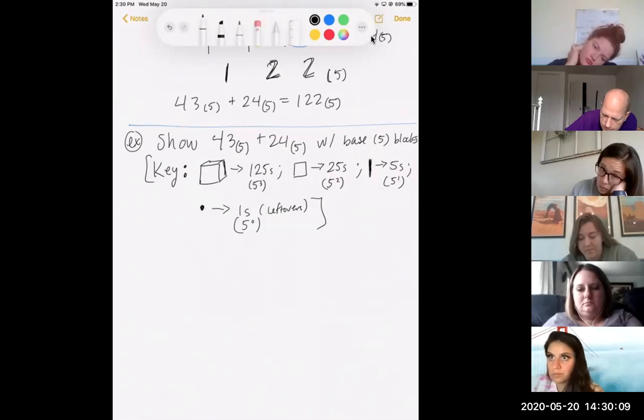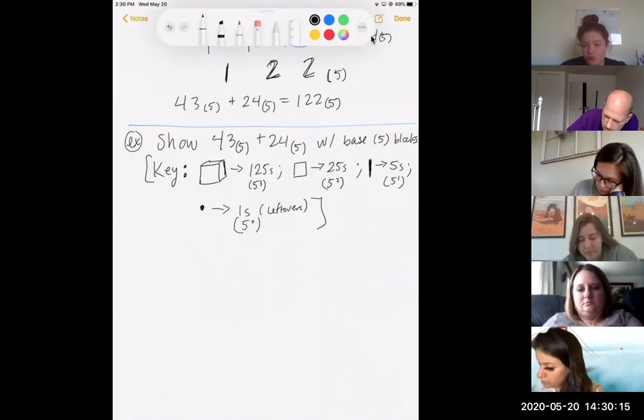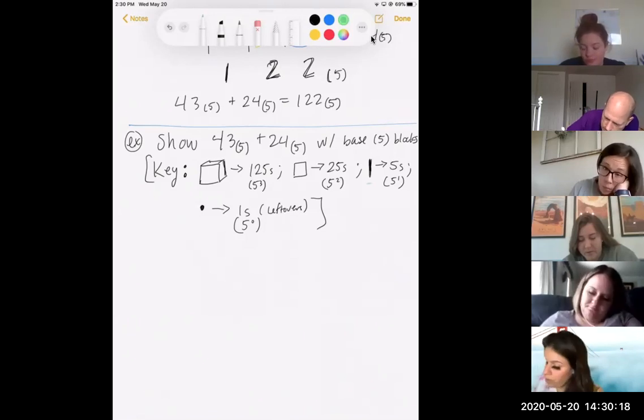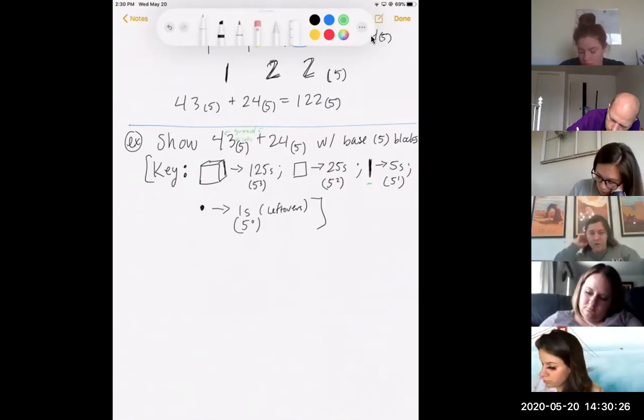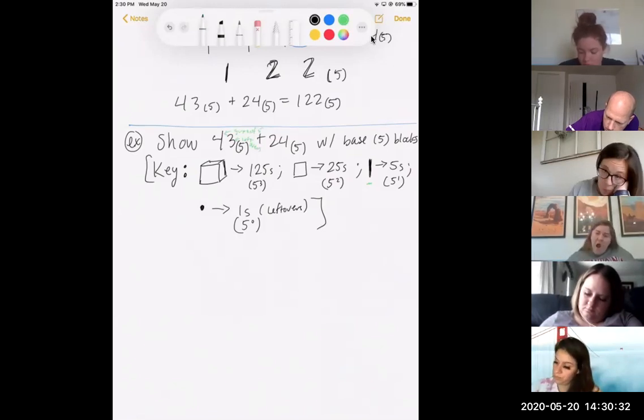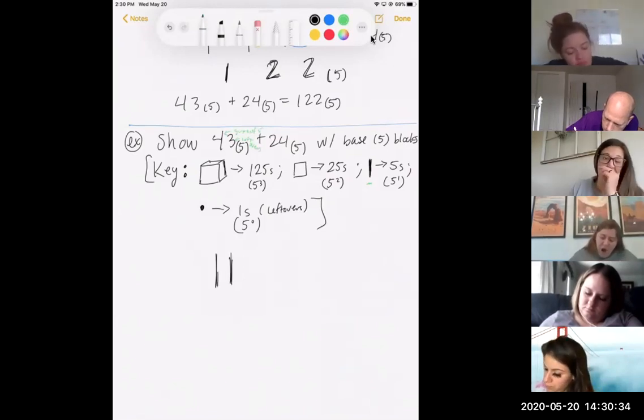So 43 base 5, I have 4 groups of 5, 3 leftovers. So here's my 5s right here with this rod. And I'm going to model it with 4 rods.